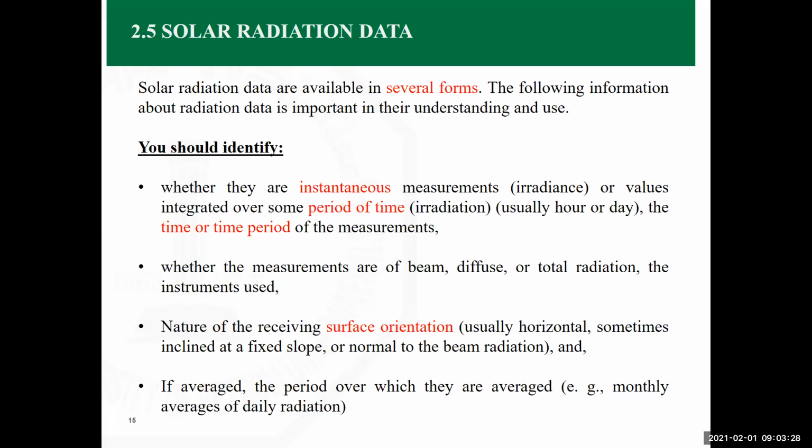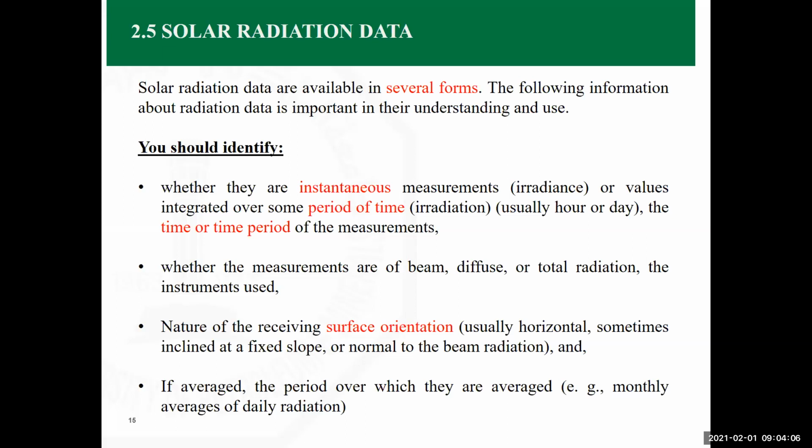We should identify whether we are getting beam radiation, diffuse radiation, or total radiation. We should know what surface is receiving this radiation. Is it horizontal or tilted? Because we have seen in our previous chapter that we can use the horizontal radiation to estimate the tilted radiation. So we should know whether it is falling on a horizontal surface or on a fixed slope.